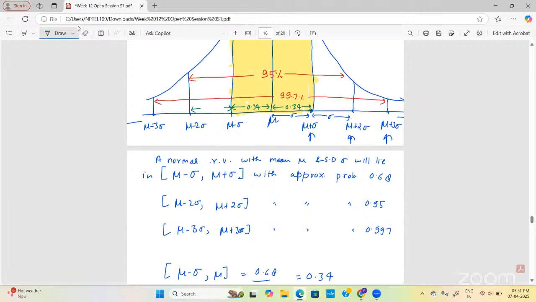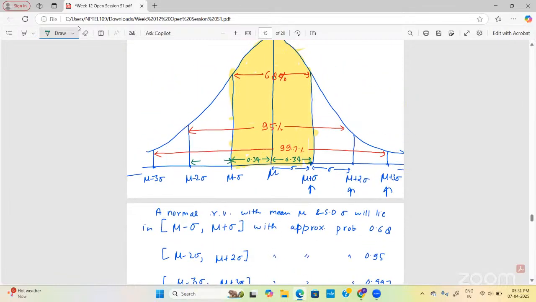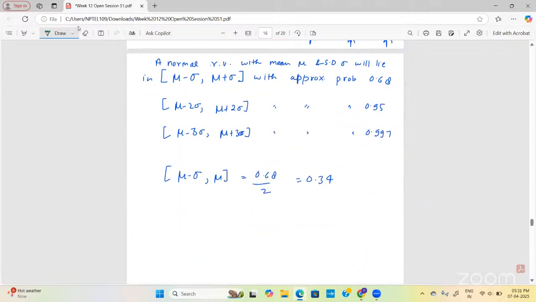Now we have to find this region. We can see that within 2 standard deviations, it contains 95% of the entire region. So first, for mu minus 2 sigma to mu, this should be half of 95%.